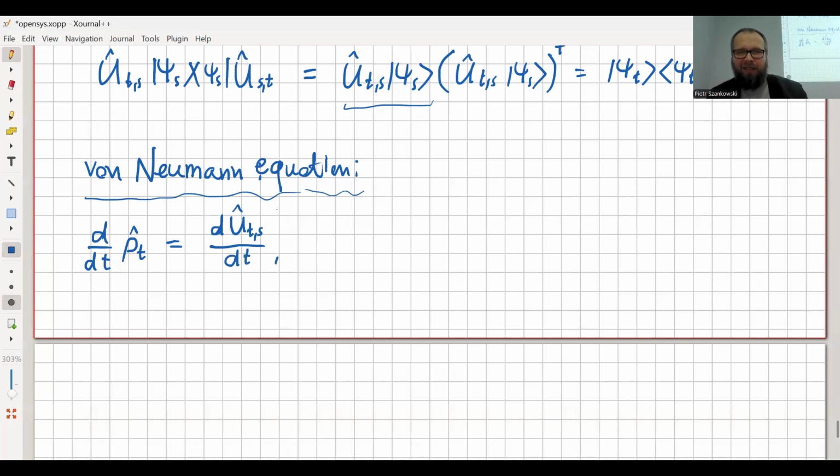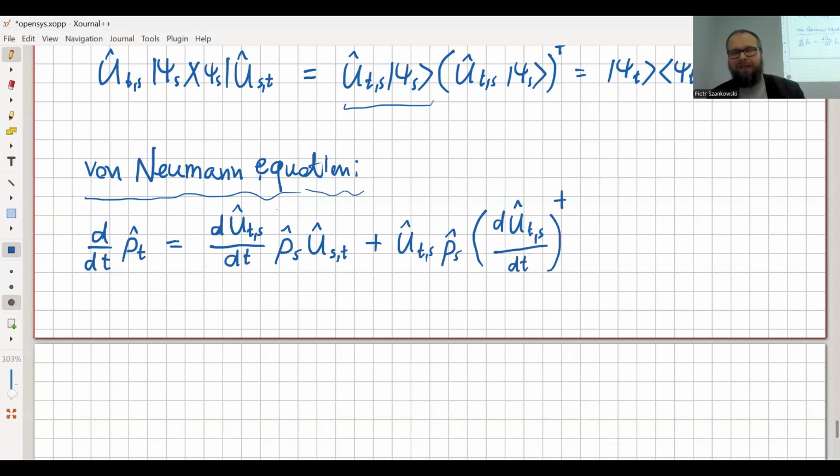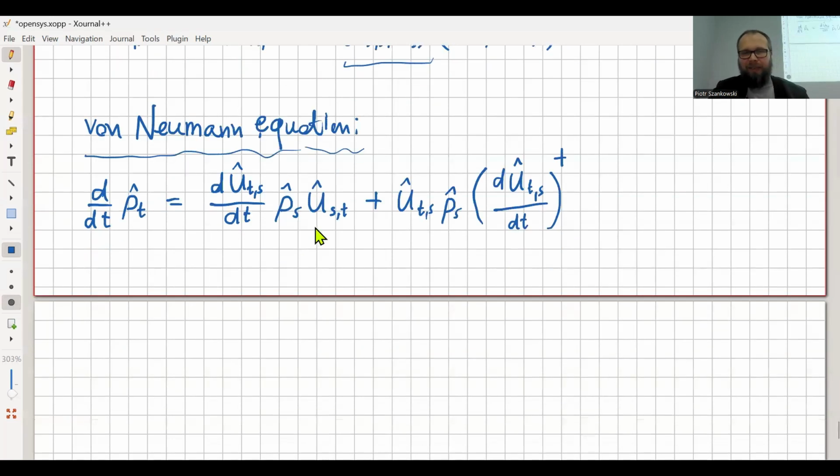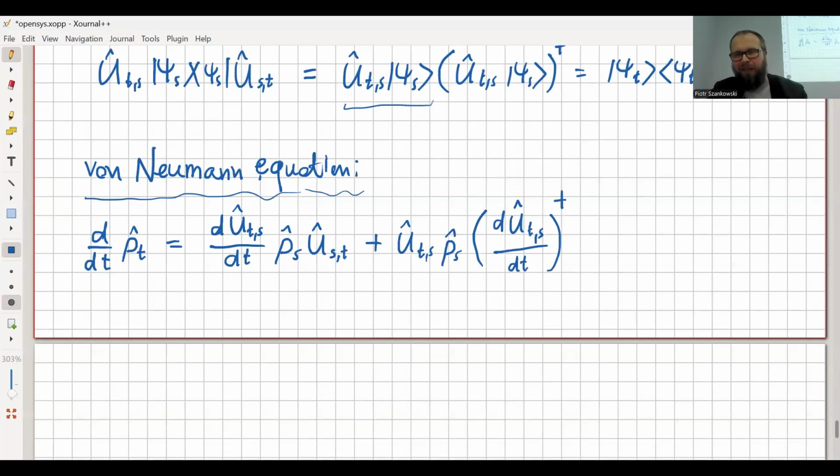So we have d/dt of U_TS rho_S U_ST, plus U_TS rho_S, and this we can write as U_TS, d/dt of U_ST dagger. And we have our favored dynamical equation, so we know what this derivative does.